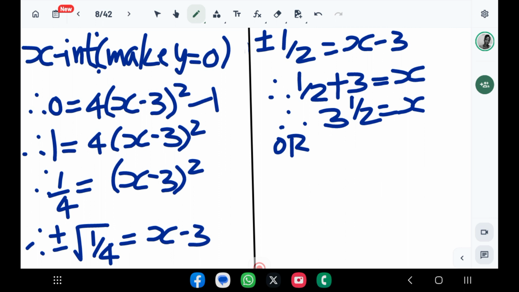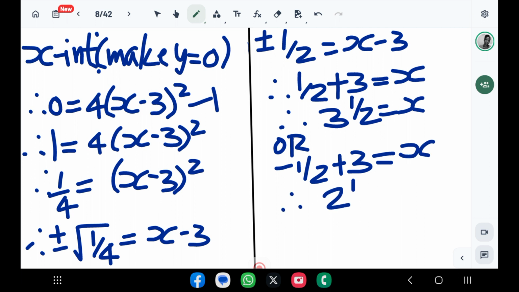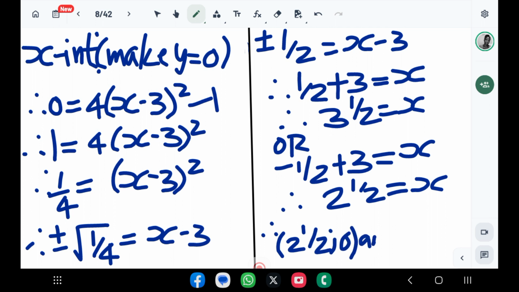The other one is negative half plus 3, which is equal to x, therefore 2.5 is your other x coordinate. Therefore the x coordinates are 2.5, 0, and the other one is 3.5, 0. There are your x-intercepts.